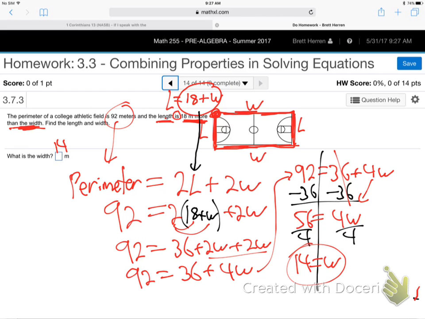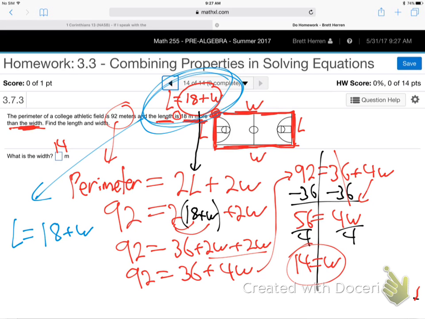Yeah, probably a lot of things you could do. Probably the easiest thing, yeah, what you all are saying, it's right up here. Because it says right there, bring it over here. L equals 18 plus W. What's W? Well, I know right now W is 14. So L is 18 plus 14. Now that I know W, L's a snap.